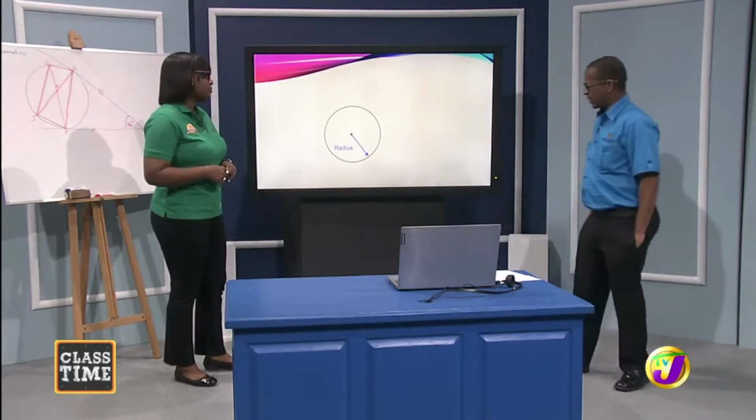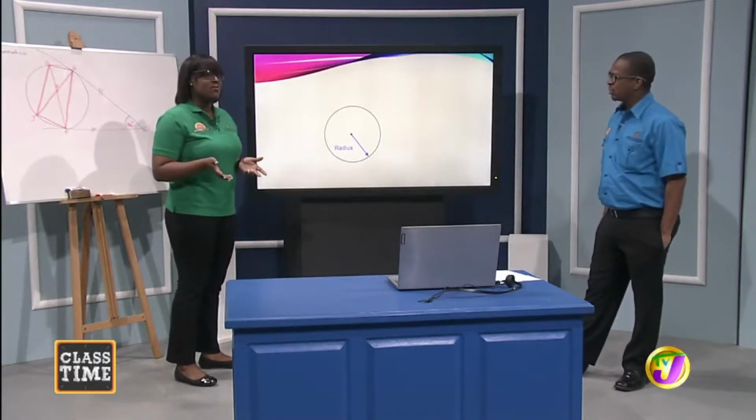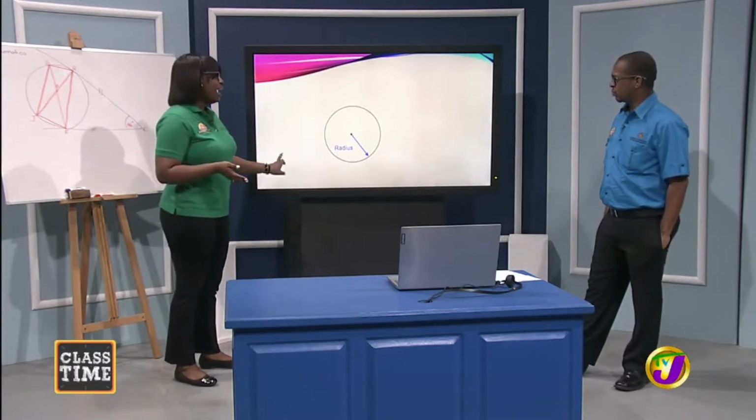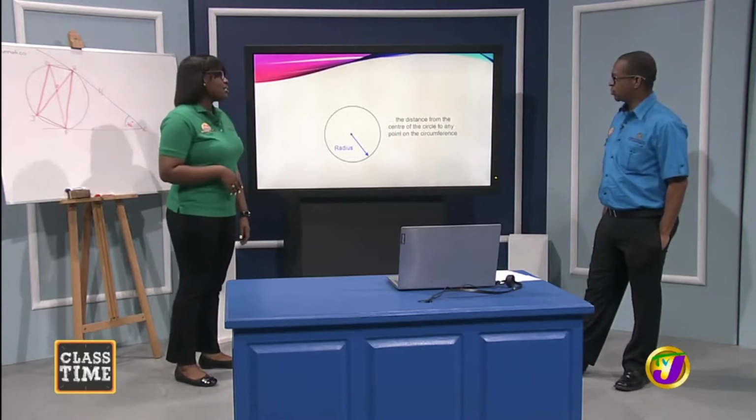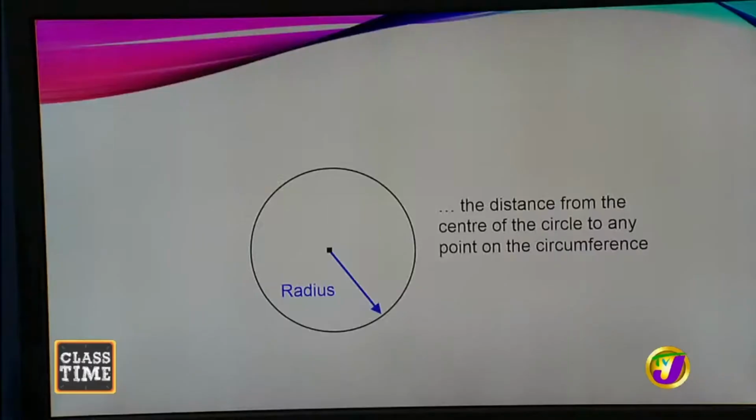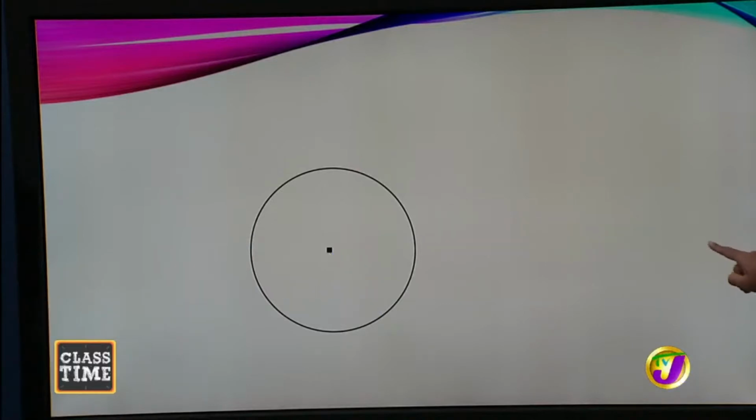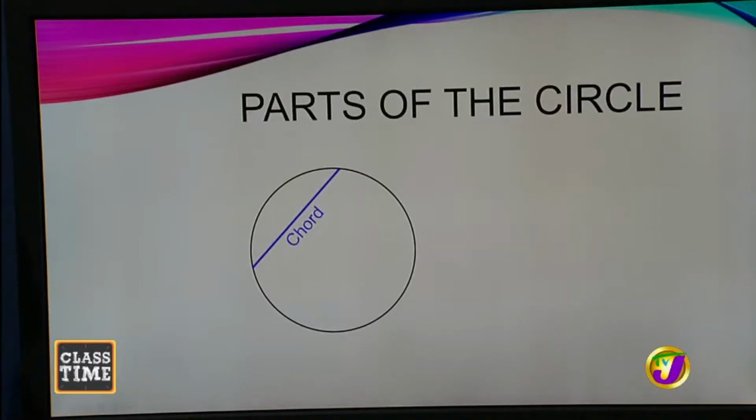All right, so we also identified the radius earlier, and we did say the radius is the distance from the center of the circle to any point on its circumference. So here we have the radius. Oh, I am seeing this touching 2 points on the circumference, but it's not passing through the center. So it's a chord.